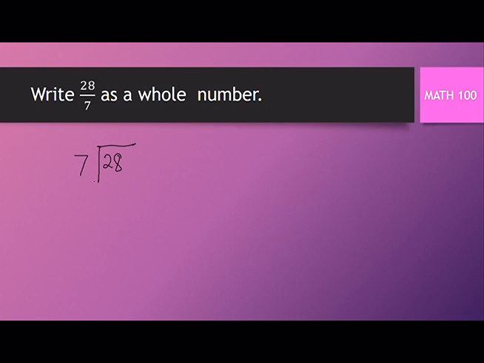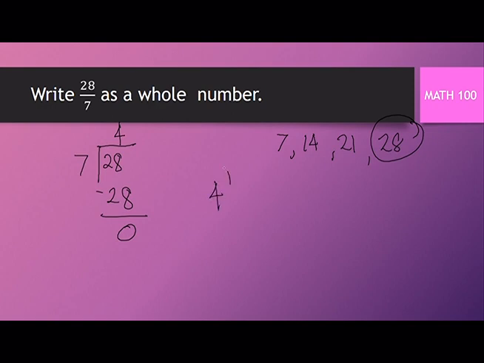Now, 28 divided by 7, so we do the multiples, 7, 14, 21, and then 28. That's the fourth one. So we have an answer here, which is 4. And multiplying that one is simply 28. That will be giving off a 0 in there. So writing 28 over 7 as a whole number, that will be equal to 4.